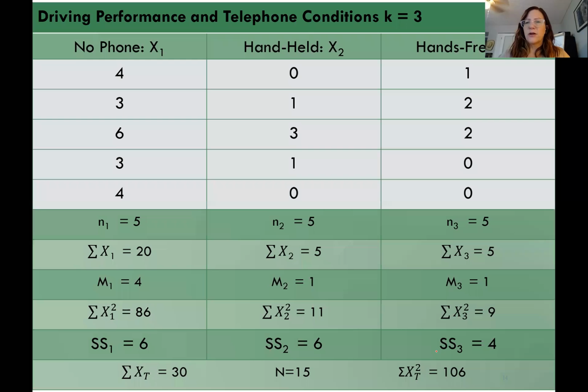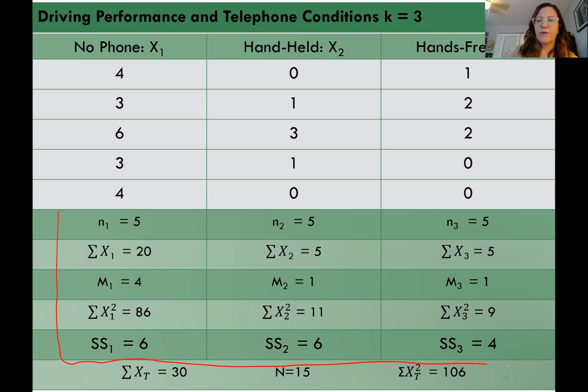Now we need to get started on all of the calculations necessary for obtaining our F obtained. There's a lot of calculations, and this is what I do for the basic calculations: I create a legend of information related to each of these samples separately.